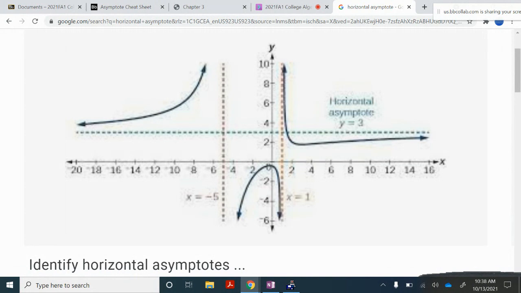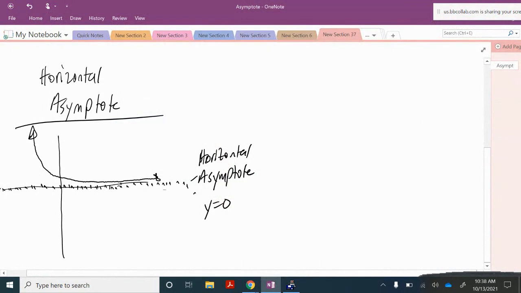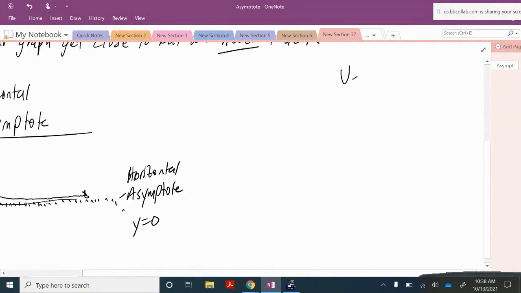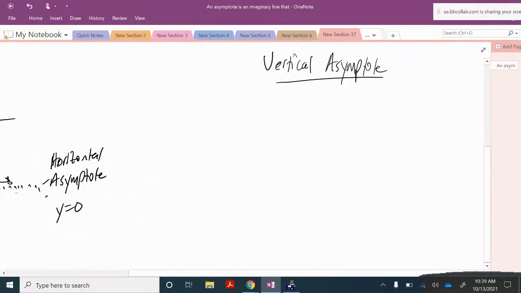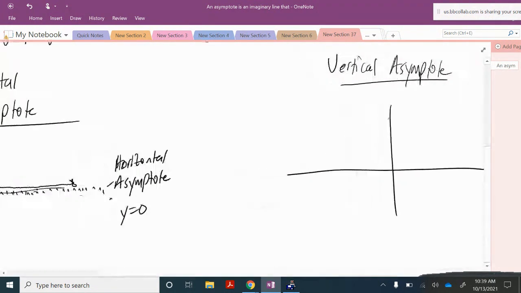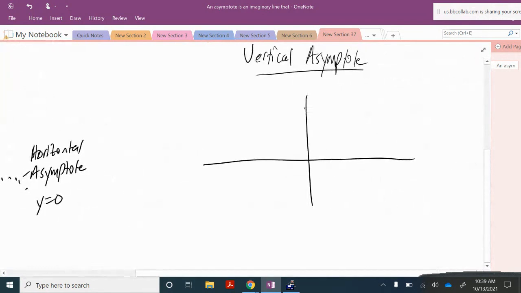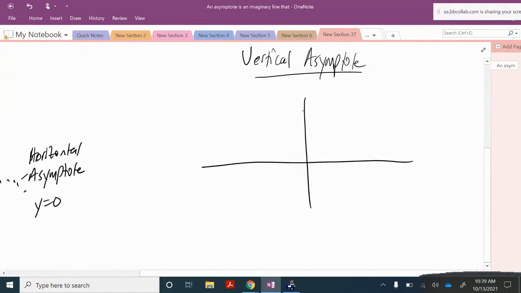A vertical asymptote is a vertical line that your graph will come close to without actually touching. So I'm going to draw this one like this.